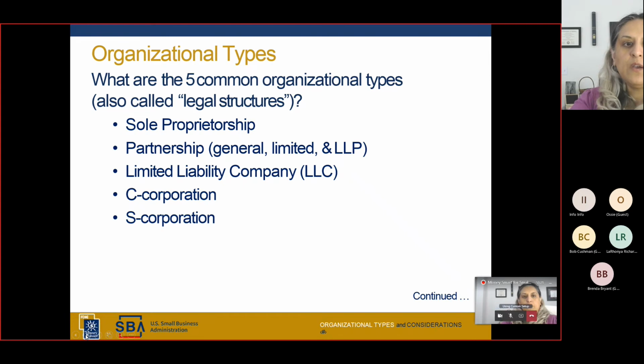So they want a breakdown of what your business will be doing, and you don't have to be very specific. It just has to be a general paragraph of what type of information. So you're going to be running a ministry. It's for the good of the community. It doesn't have to be very detailed. It just has to be a quick overview of what your business is going to be.